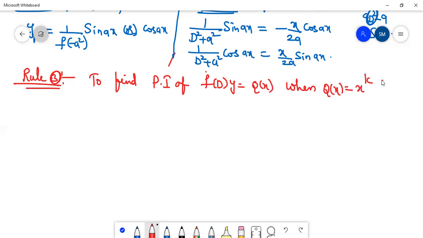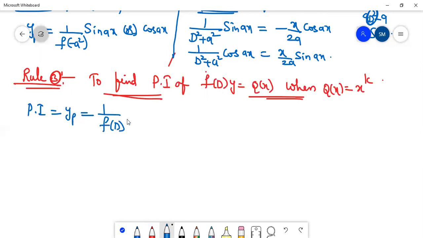This is the third case. In this also, we know the formula: yp is equal to 1 by f of d into q of x. That is nothing but 1 by f of d into x power k.